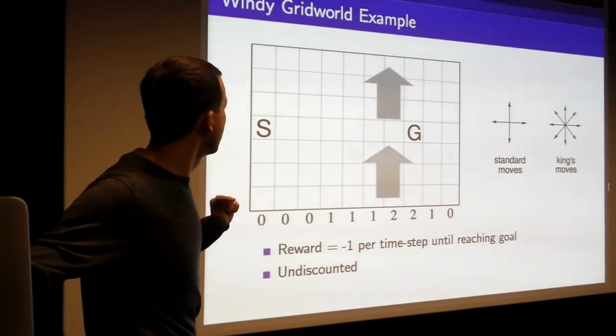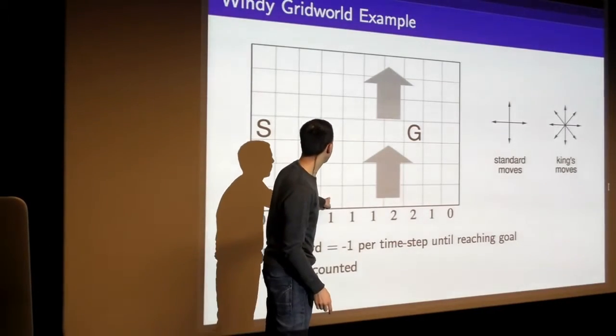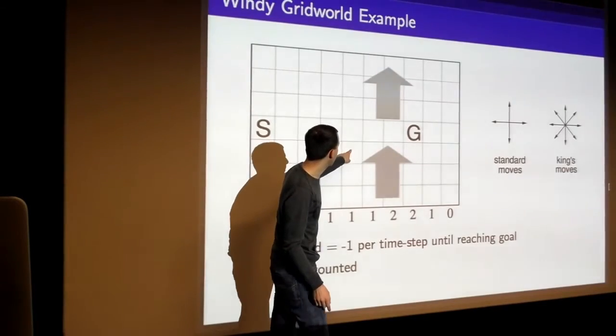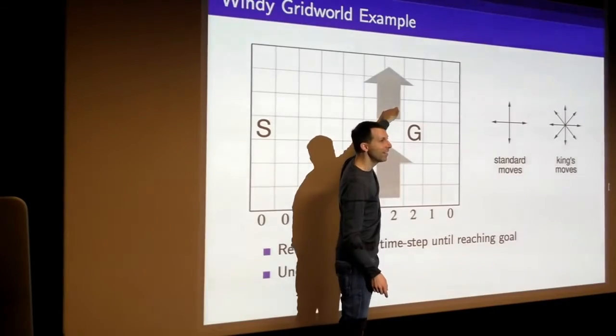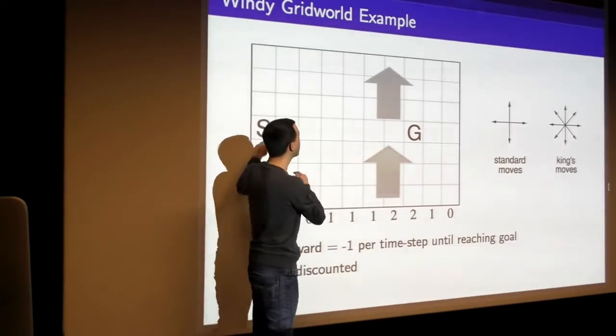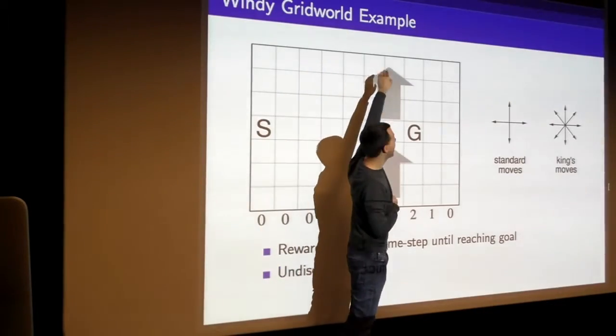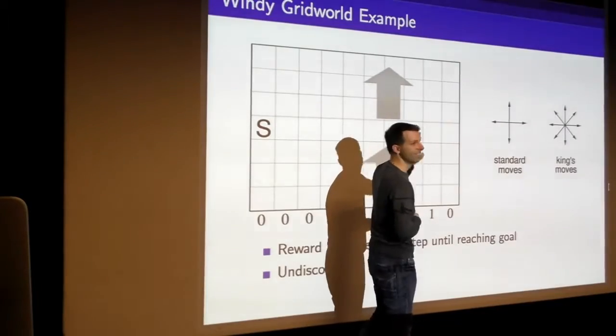That's not optimal. If you try to go down, then you end up being blown up 1, blown up 1 again, blown up 1 again, blown up 2, and you end up overshooting the goal. So you can try to do that, but you don't hit the goal. You're better to get pushed up against the ceiling, come back around from the ceiling after that point, and come back to the goal again.